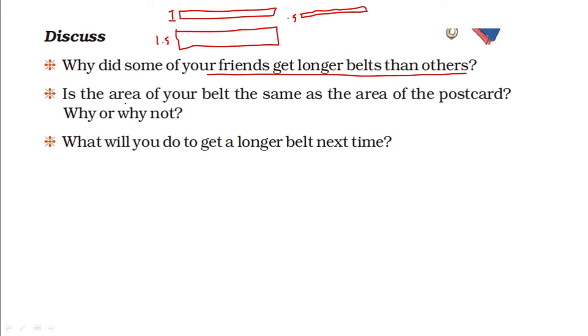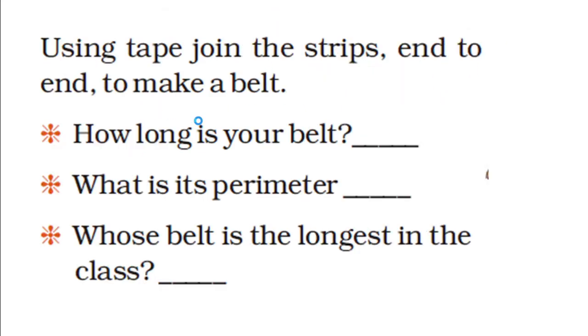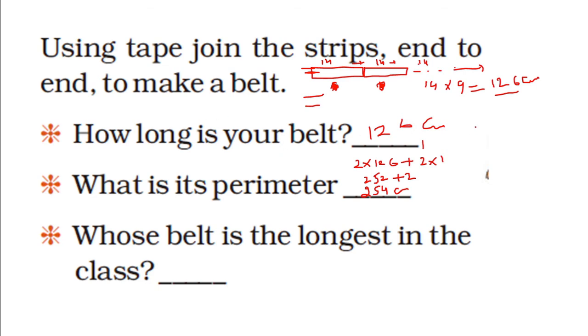Is the area of your belt the same as the area of the postcard? Calculate the area of this belt. We have length 126 centimeter, we have width 1 centimeter.